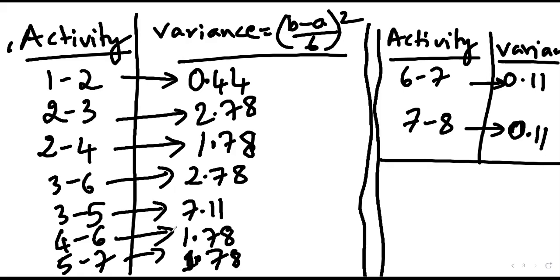Correct. So those who have completed this, what you can do is take the critical path that we have determined in the previous class. For that critical path, list all the critical activities, consider their variances and add all those variances. What I mean to say is add the variances of the critical activities.